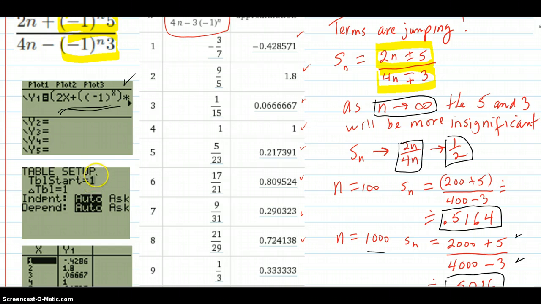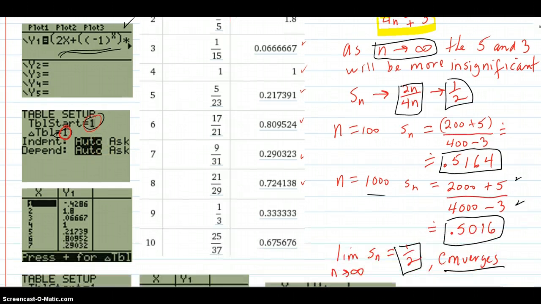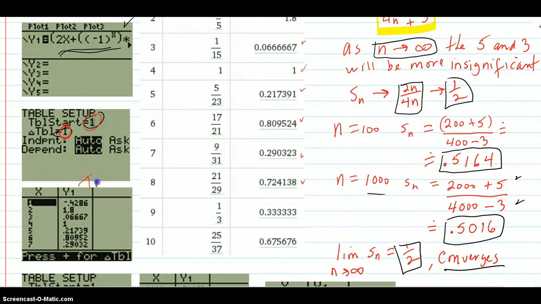In table setup, I started with 1 because you want your n to be 1, and you want them to skip integers, so you start at 1 and go by ones. And then if you do auto, then when you do second table, you get these values, and these values exactly match up with these here out of Wolfram Alpha.